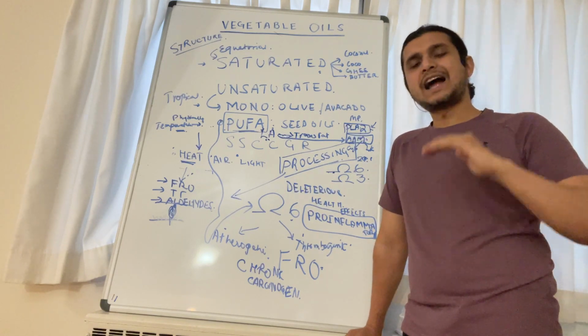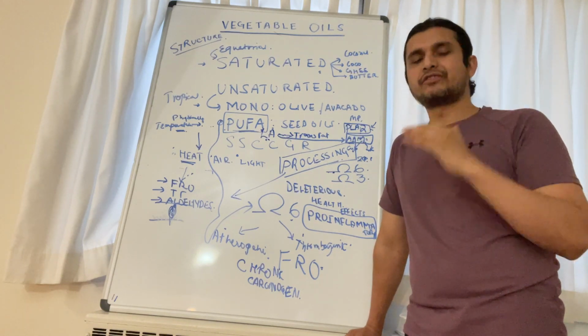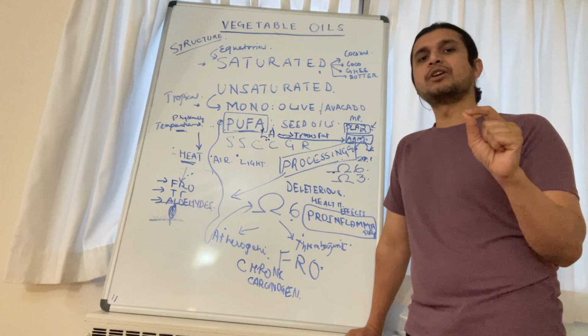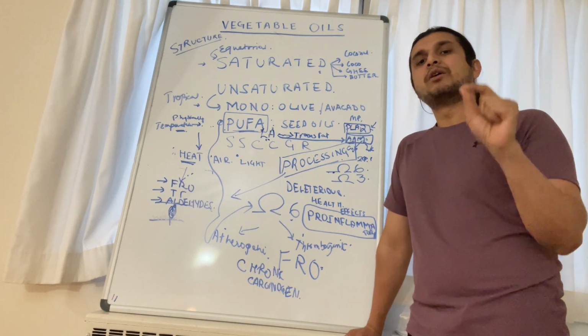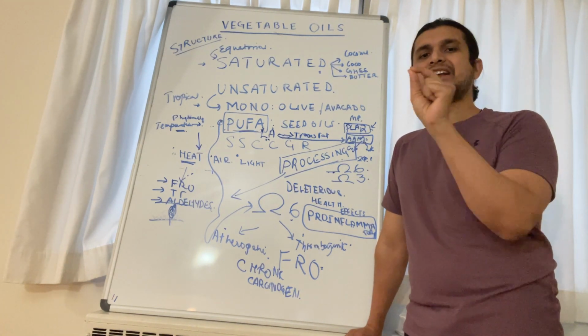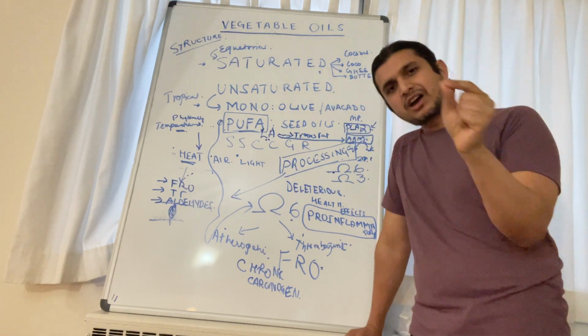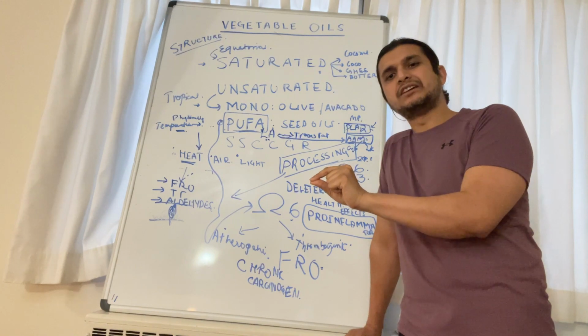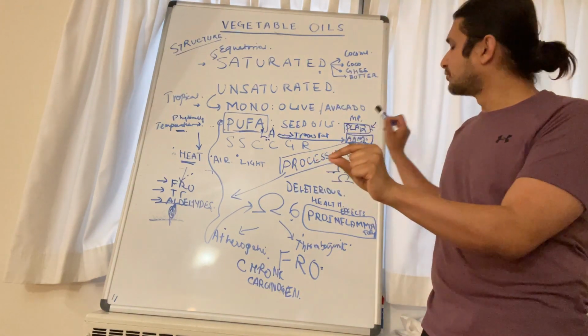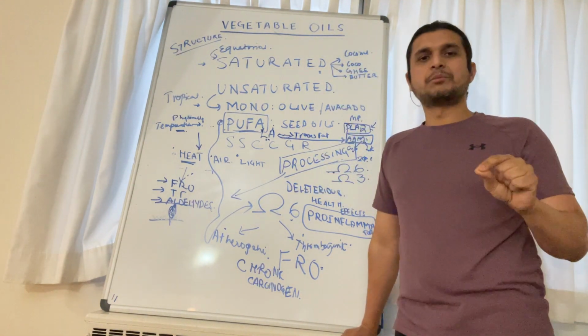And that is what triggers chronic inflammation, because vegetable oils are chemically polyunsaturated fatty acids, most likely LA or linoleic acid, which is converted in the body to arachidonic acid. And arachidonic acid is what causes all the inflammation in the body.